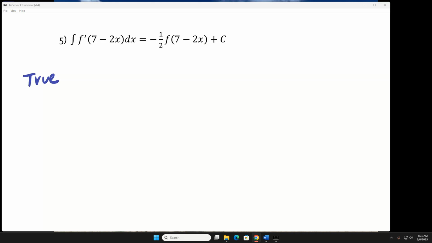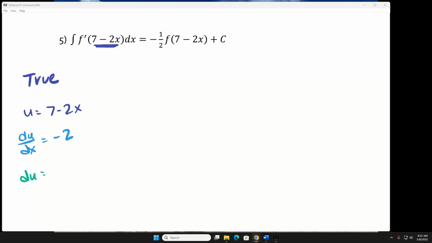Alright, now I'm going to go through the whole U substitution process so you can see it. But we can also do just a little bit of a shortcut. So I'll show you both ways. So because this is a function inside of a function, we can say that u is 7 minus 2x. And then du dx is going to be negative 2.